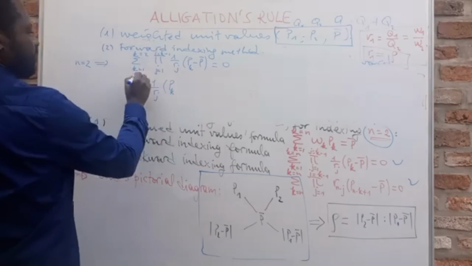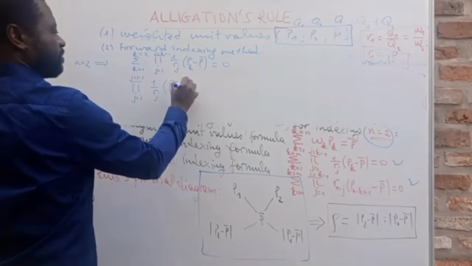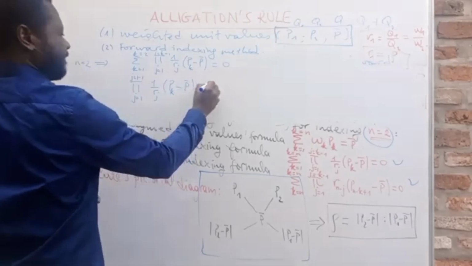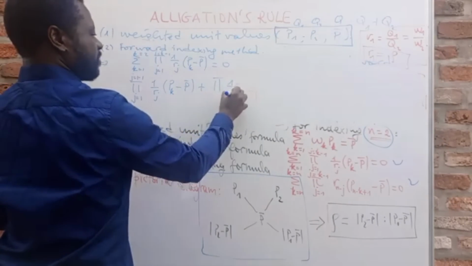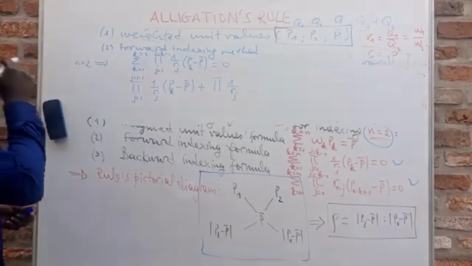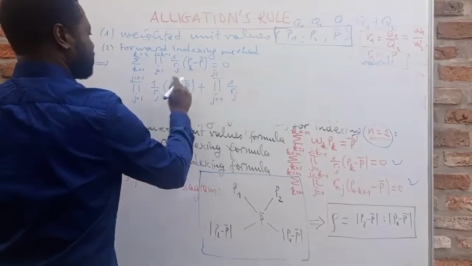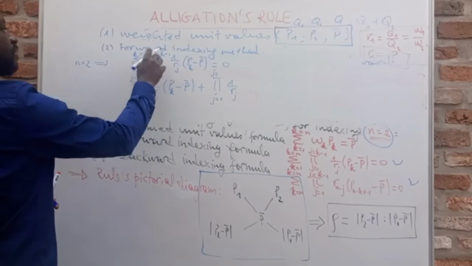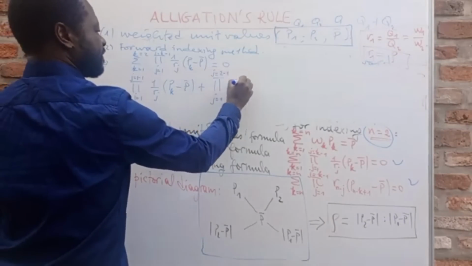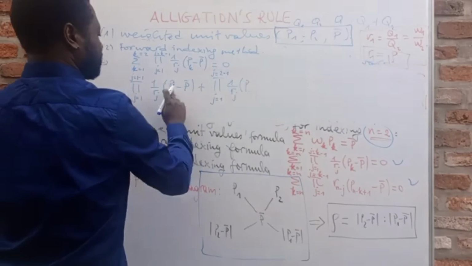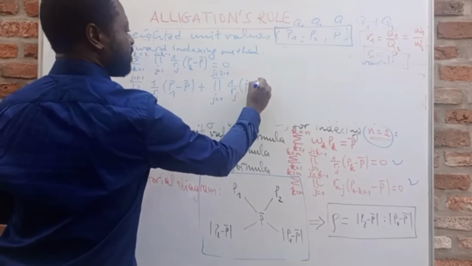Now if k equal to 1, then P sub 1 minus P bar, plus, for k equal to 2, the last value of k, the product of reciprocals of ratios from j equal to 1 until j equal to 1, times P sub 2 minus P bar.